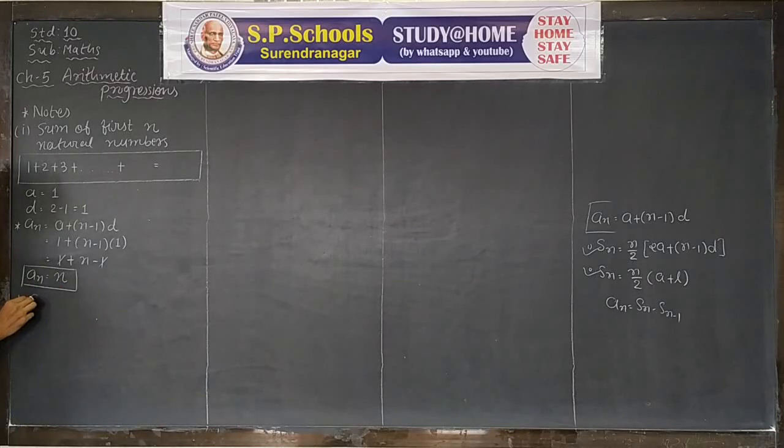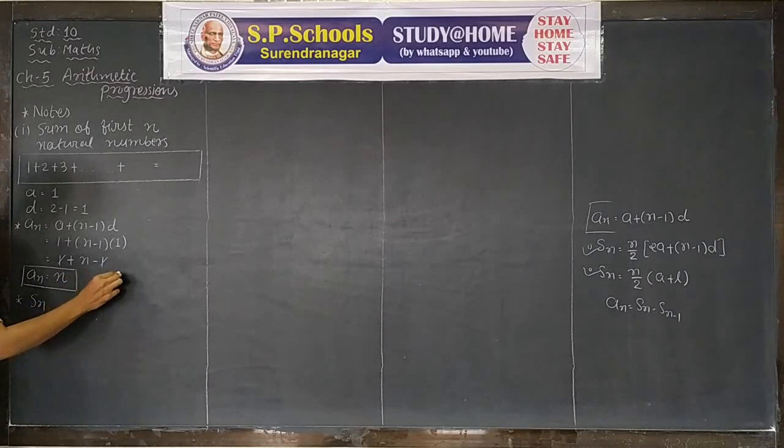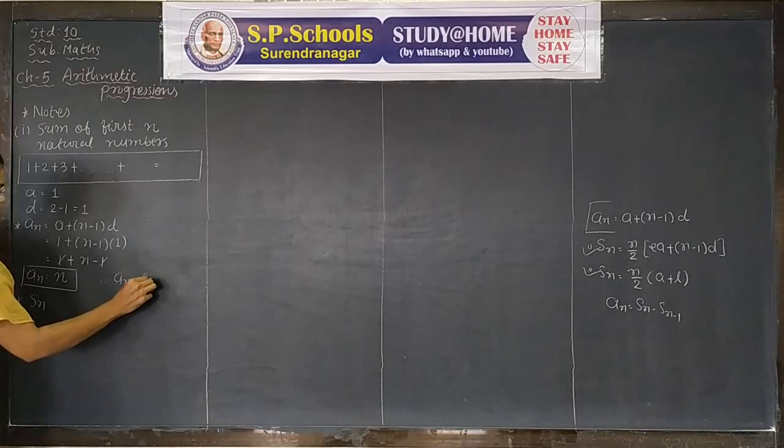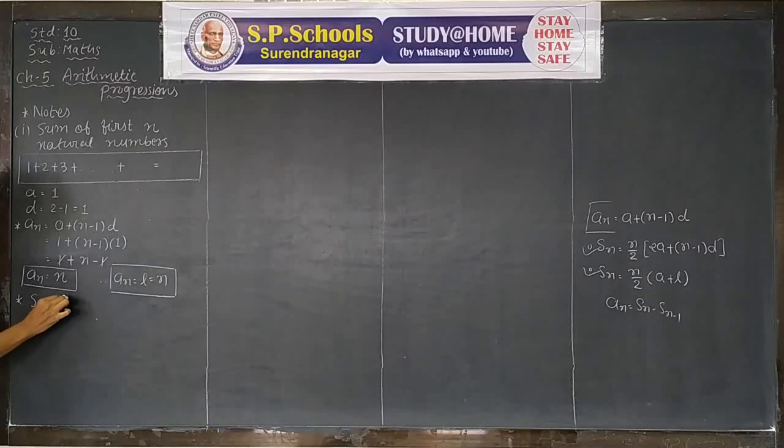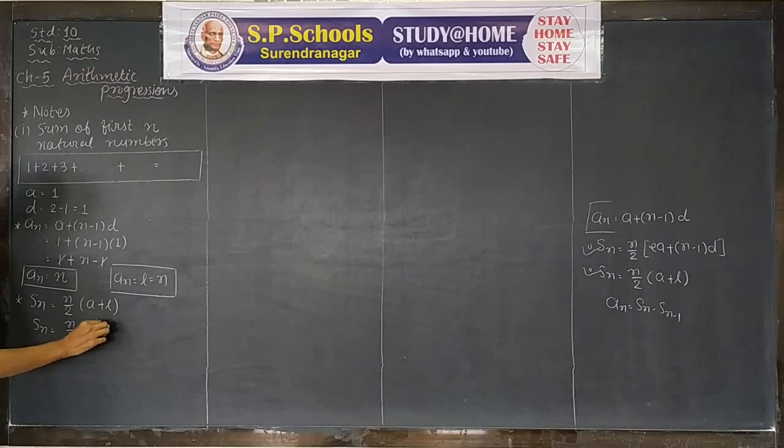Now we are finding Sn. We know an is equal to l. Sn is equal to n upon 2 into bracket a plus l. Sn remains as it is, n upon 2 remains as it is. Instead of a we put 1 and l is equal to n.